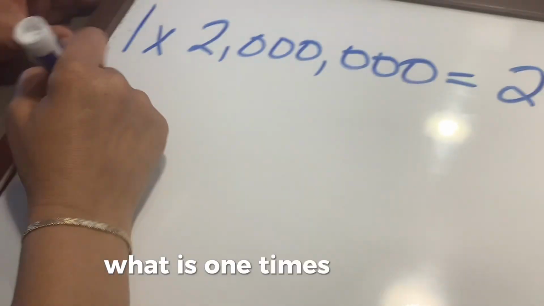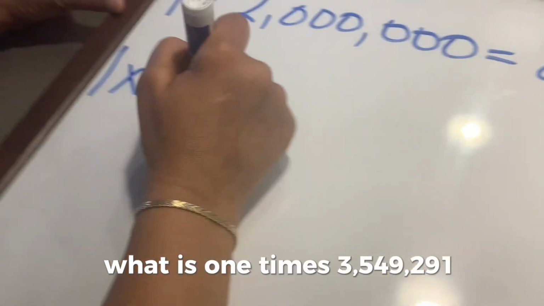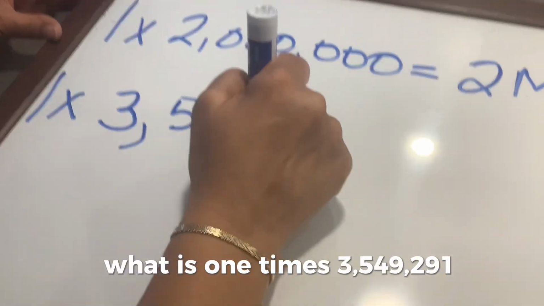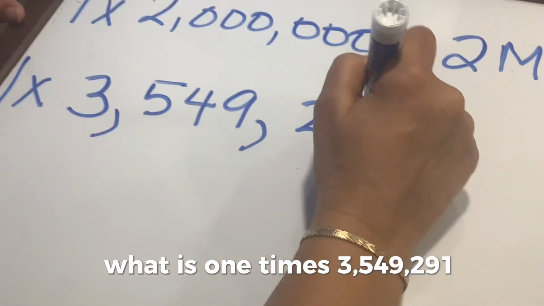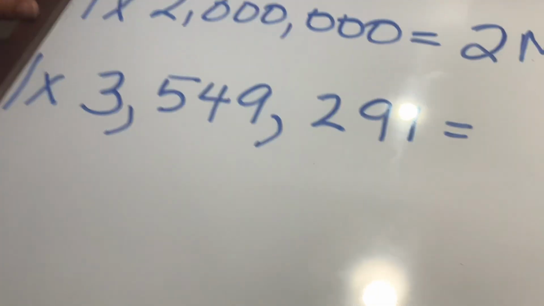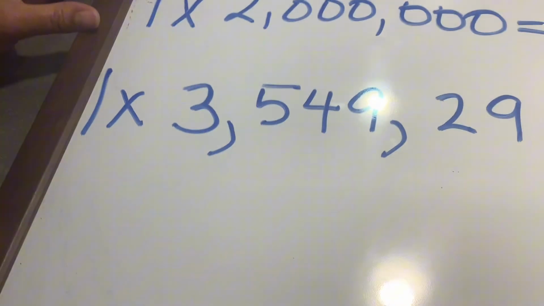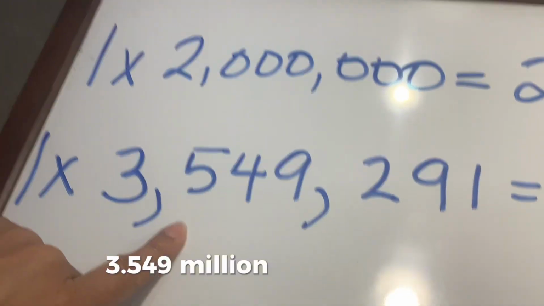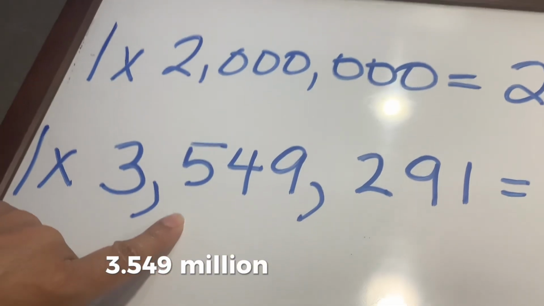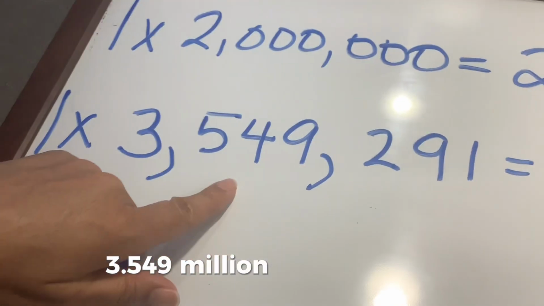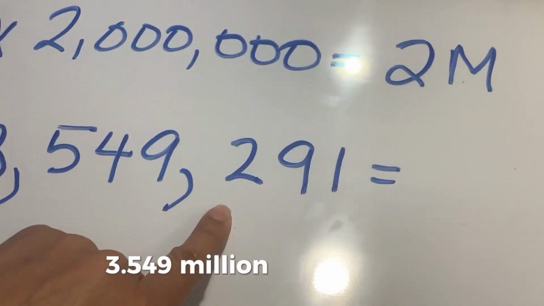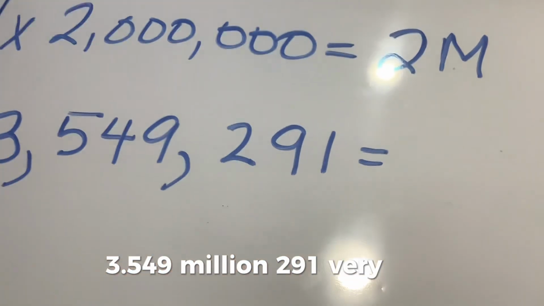What is 1 times 3,549,291? 3,549,291. Very good.